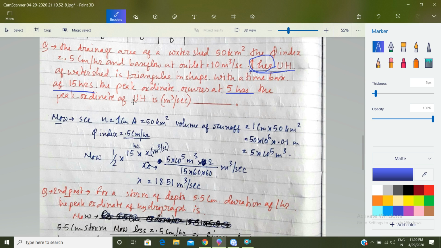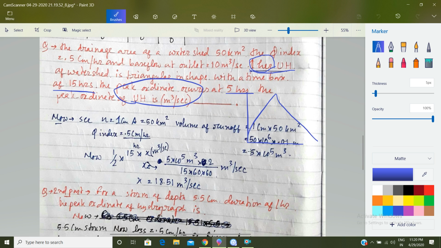The peak ordinate in the unit hydrograph, we need to understand what is the Q. So this is a unit hydrograph given here, and it is triangular in shape. See what is given: watershed 50 km square, phi index equal to 0.5 centimeter per hour and base flow at the outlet equal to 10 meter cube per second. The 1 hour unit hydrograph is triangular in shape with a time base of 15 hours.